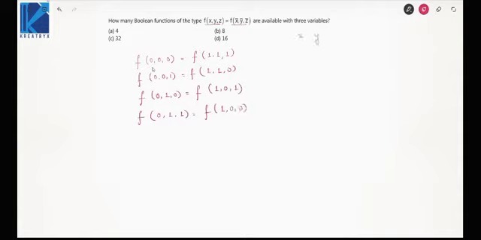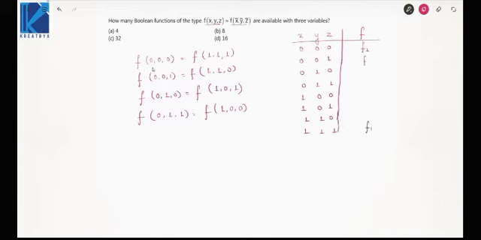That means if you have a truth table like this, 3 variable will have 8 possible combination. And function at 0, 0, 0, if it is f1, then at 1, 1, 1 also it will be f1.